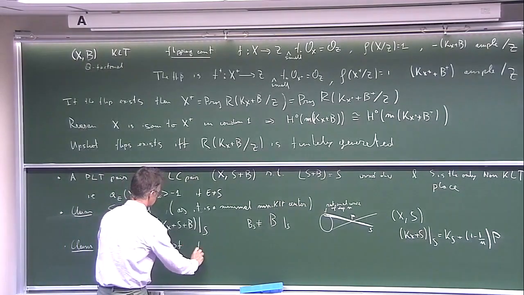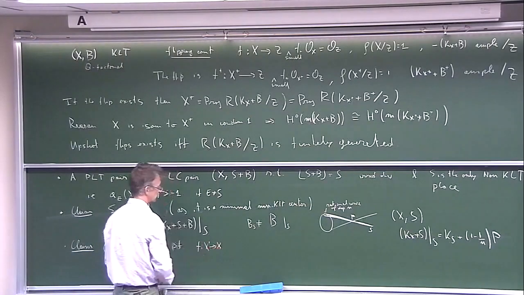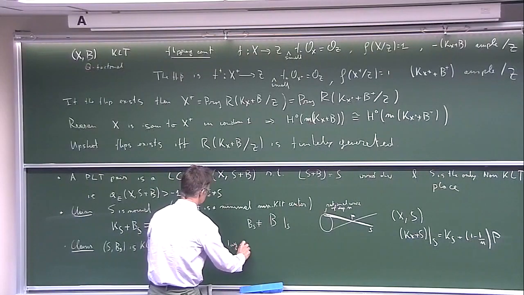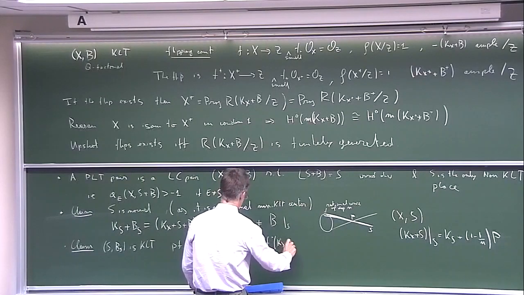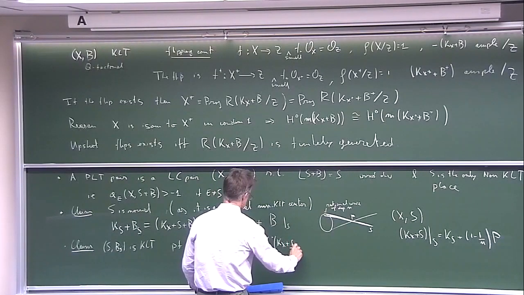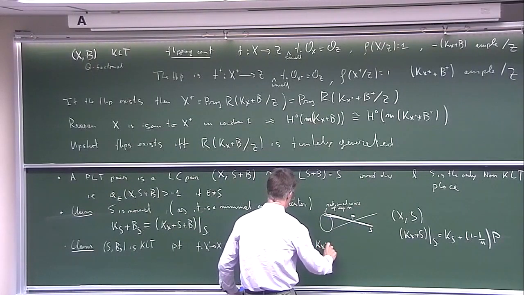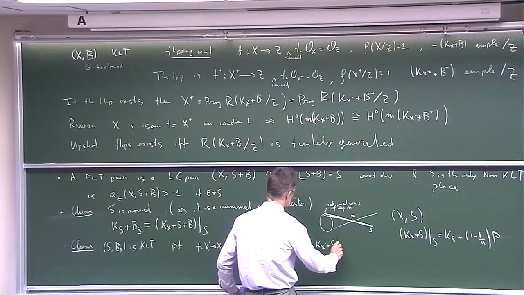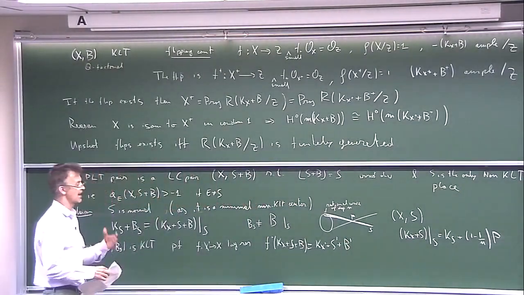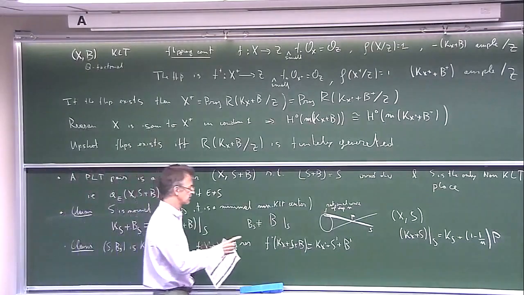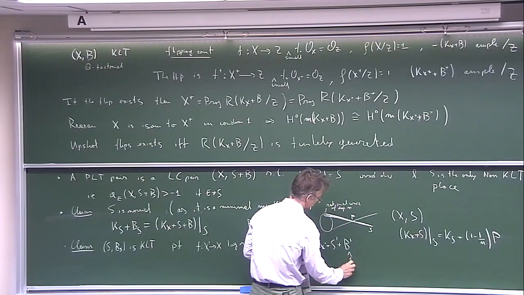I pick a log resolution, f, from X prime to X. And then the natural thing to do is to write the pullback of K_X plus S plus B as K_X prime plus S prime, where S prime denotes the strict transform of S, plus B prime. Now, B prime may have some negative coefficients, but by definition of this pair being PLT, the coefficients of B prime are strictly less than 1.